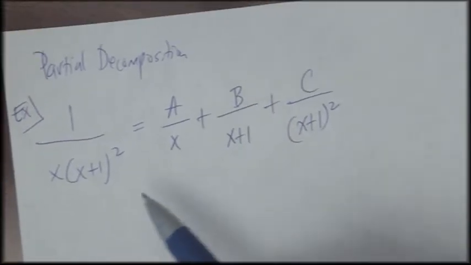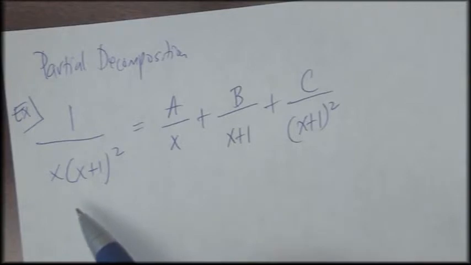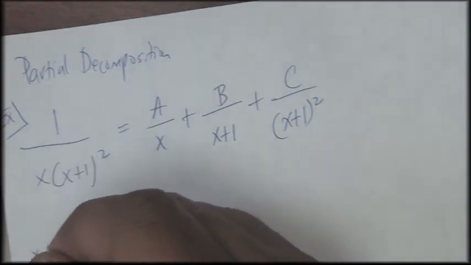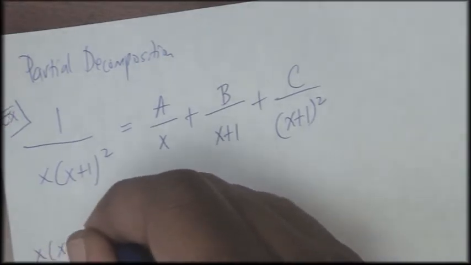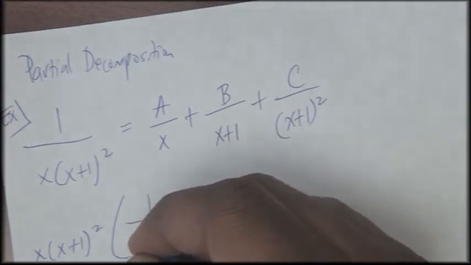So the first thing I'll do here is multiply both sides by the common denominator, which is x times the quantity x plus 1 squared. So we'll simply multiply that by both sides of our equation.